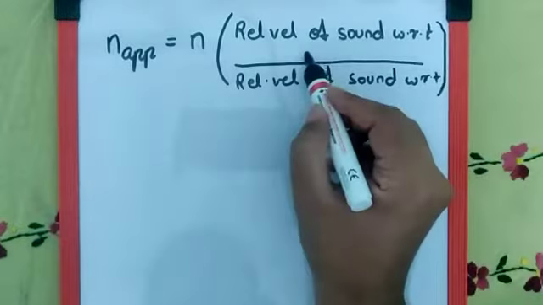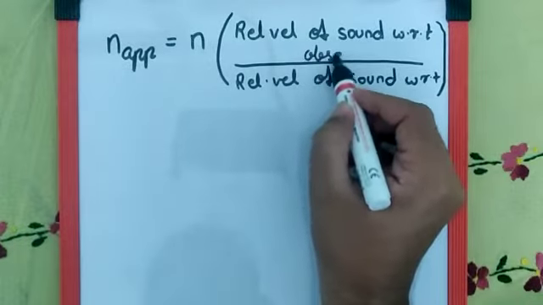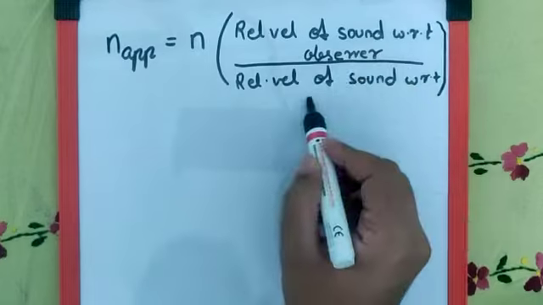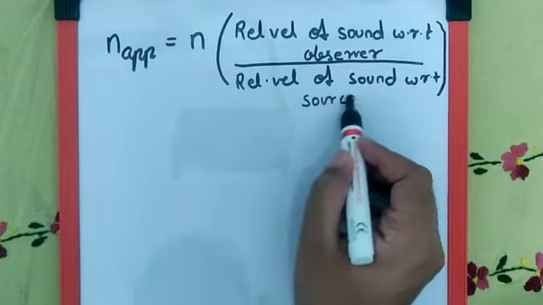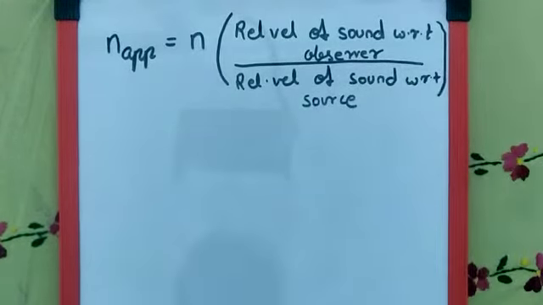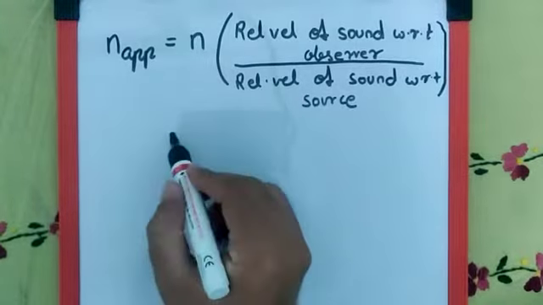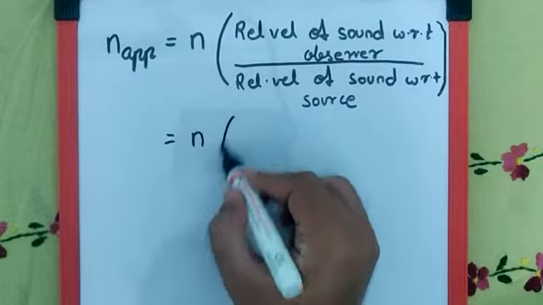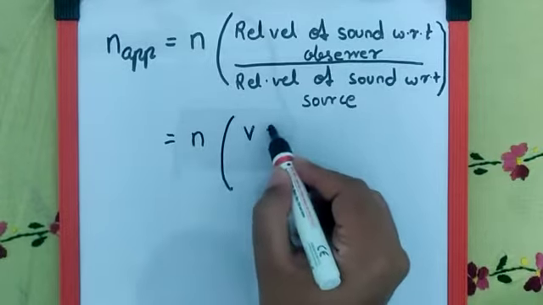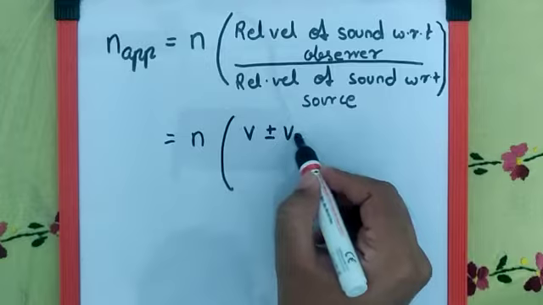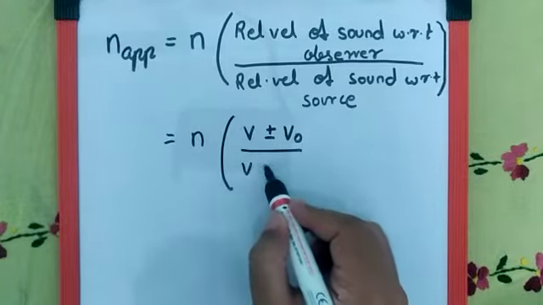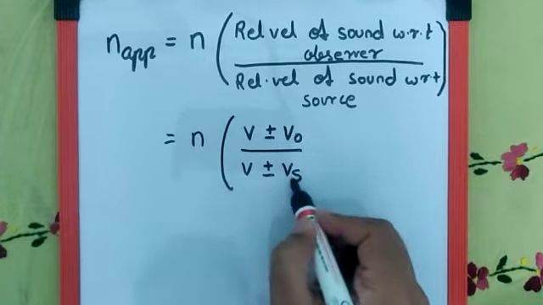So here we have observer in the numerator and source in the denominator. We will understand why observer is in the numerator and source in the denominator in a short span of time. But right now you can just remember this formula as it is, which means this is N times V plus or minus Vo upon V plus or minus Vs.